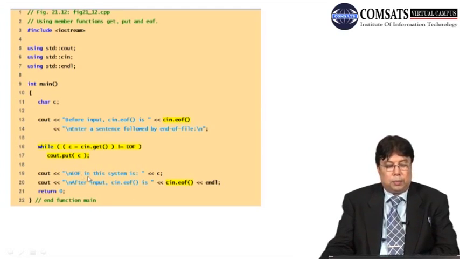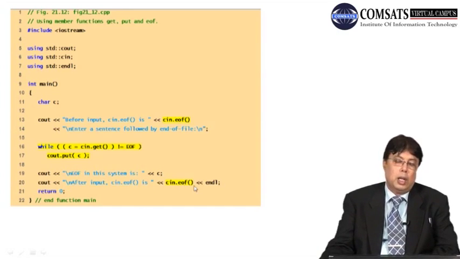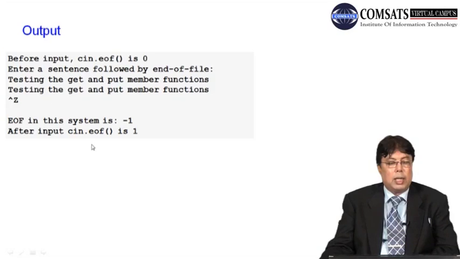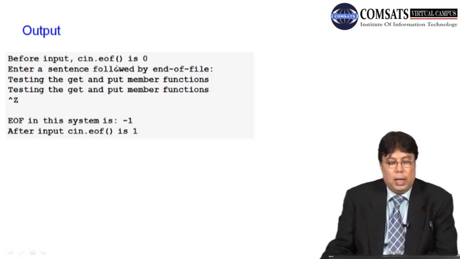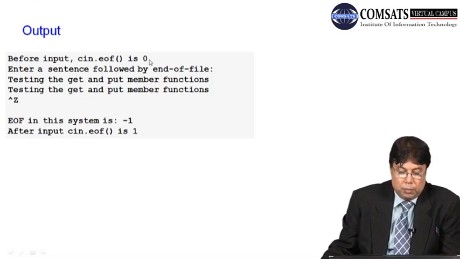So end of file in the system, it will give you the output result, and then you can have a backslash and cin.eof, and this cin.eof will be printed there. Basically, if you see this particular example, before input cin.eof is 0. Why?